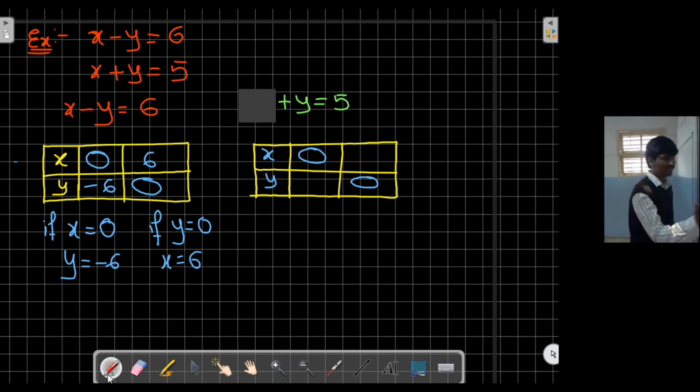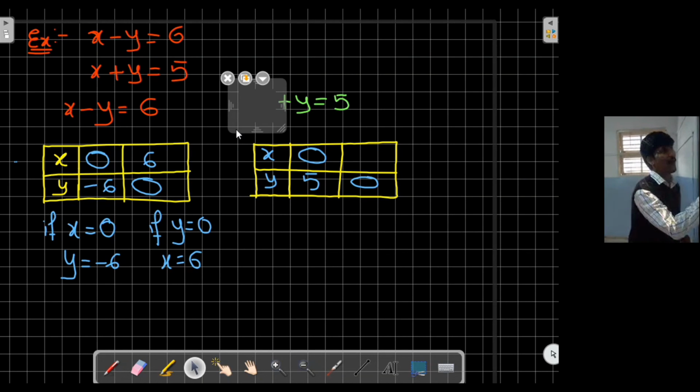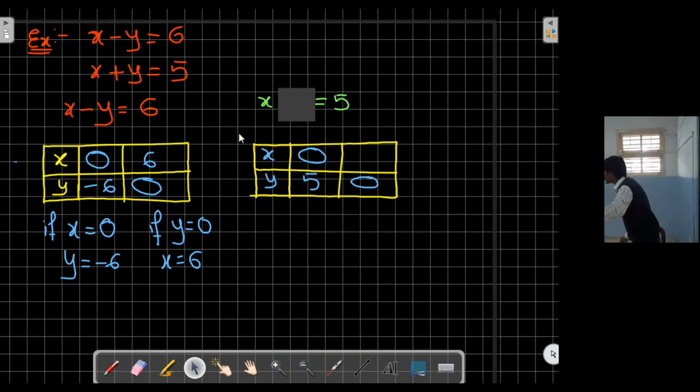Note here. Very good. Next one: if y is equal to 0, x is equal to 5.